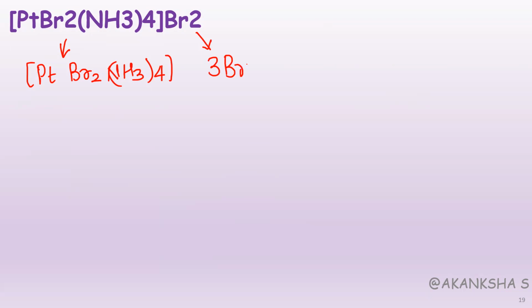Let's do another one. Okay, ma'am has got a lot of questions. So we separate it over here. We write Pt, Br2, NH3 4 times, and there are two bromines over here. We know bromine carries a negative charge.